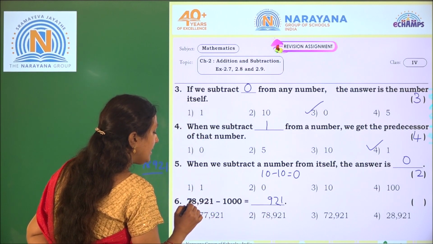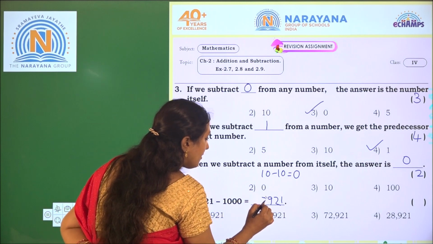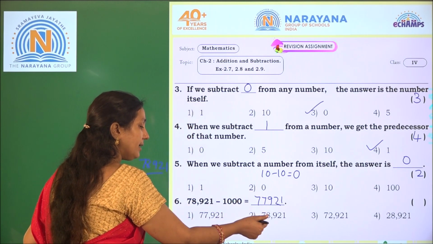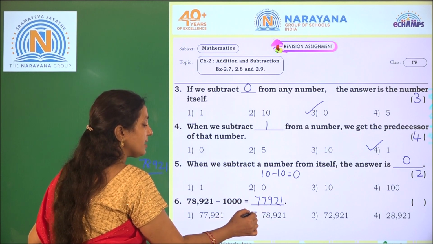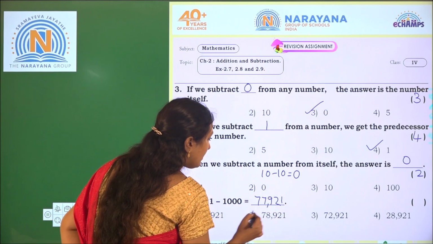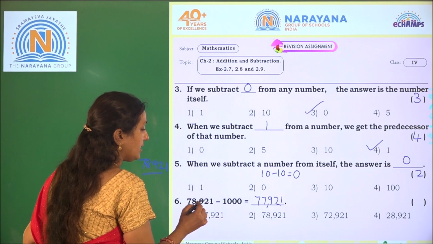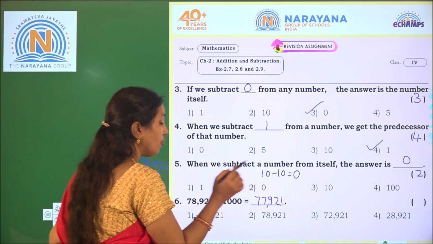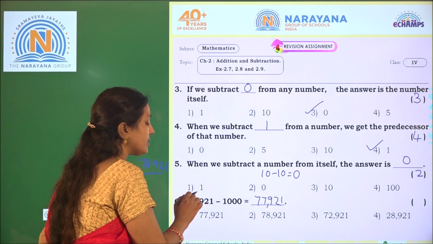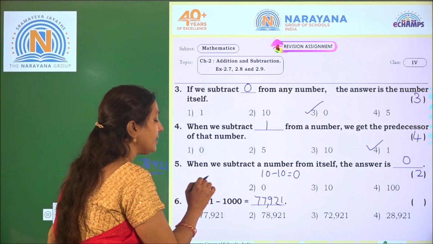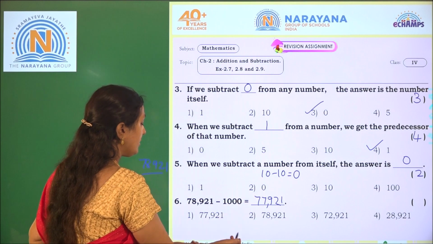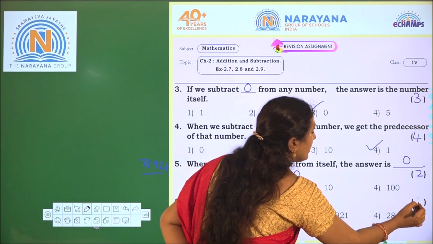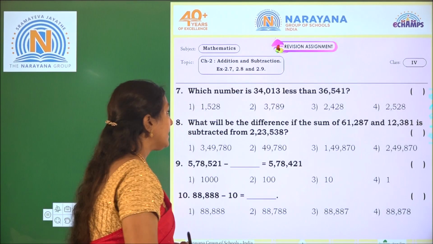So here just 8 minus 1 is 7 and here 7. We cannot subtract anywhere here, so we bring down 7 as it is. We will get 77,921. So which is the correct option from that? Option 1. The required option is 1. Next one.